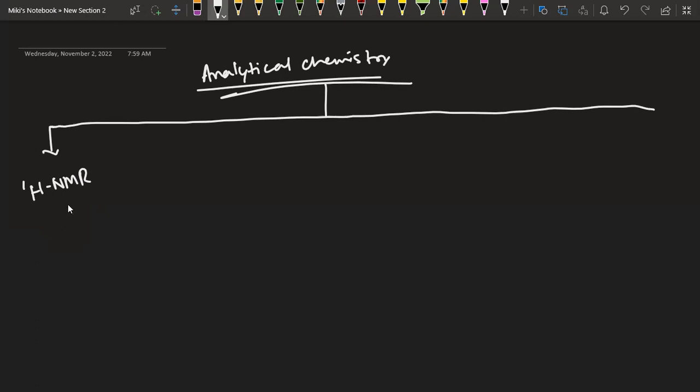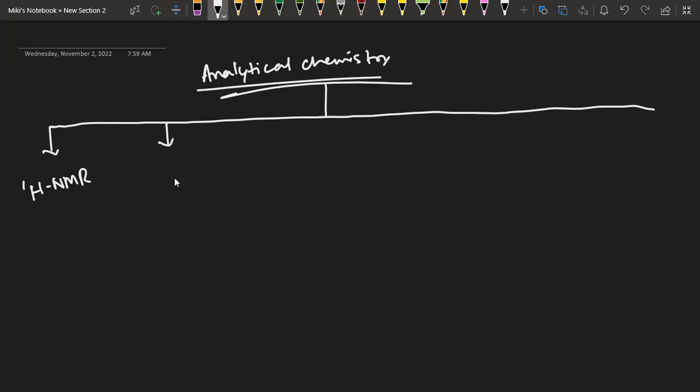We have hydrogen, deuterium, and tritium most probably. So only the hydrogen with the proton number of 1, that means atomic mass of 1, is going to be considered here.